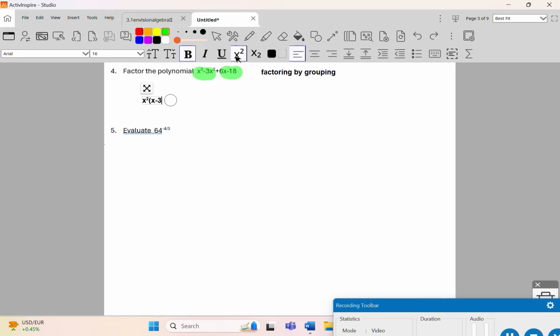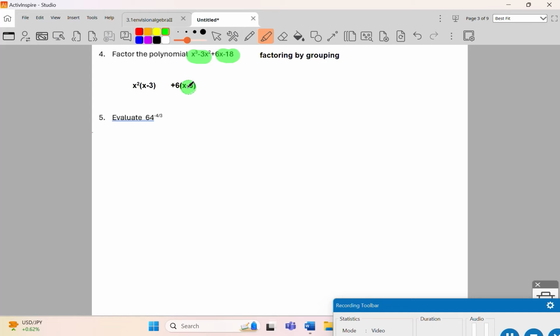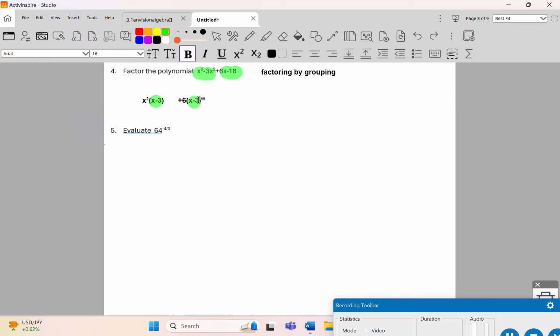If I pull it from -3x squared, I have a minus 3. And the factoring by grouping technique works in that factor will repeat. And if I pull a +6 from both those pieces, I have it. So we've taken something with 4 things and in essence reduced it to 2, and they both have x minus 3 in common. So that's my common factor that I can pull. And the crap left over is x to the second plus 6.